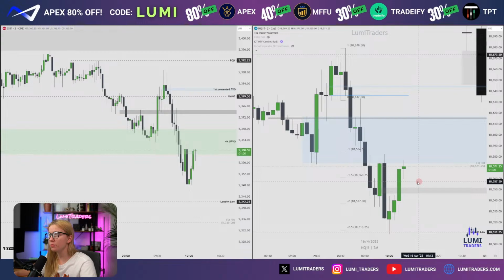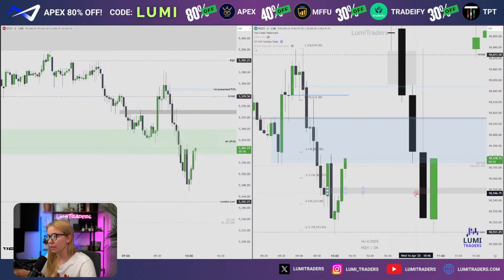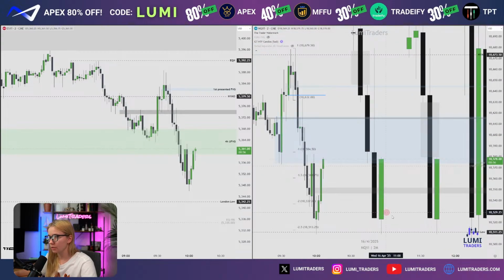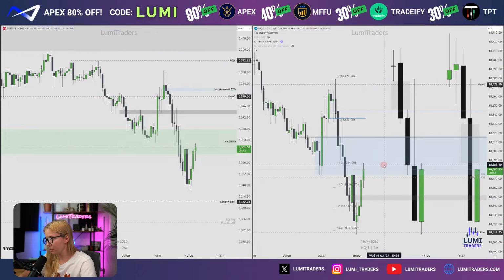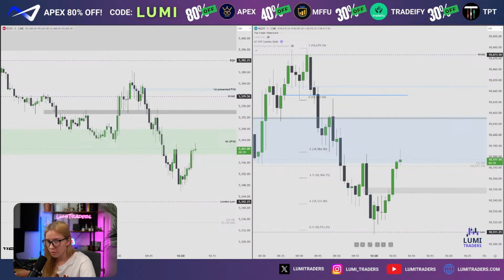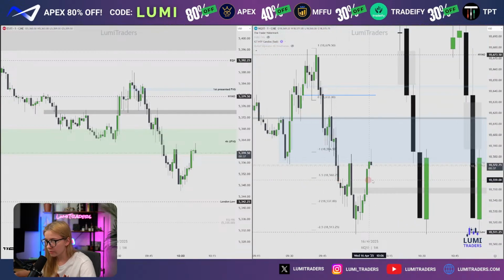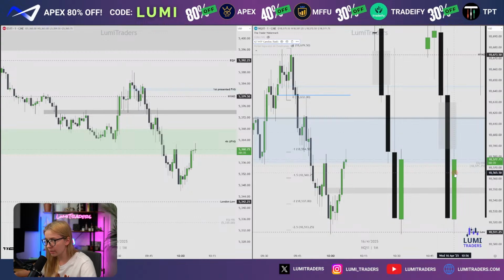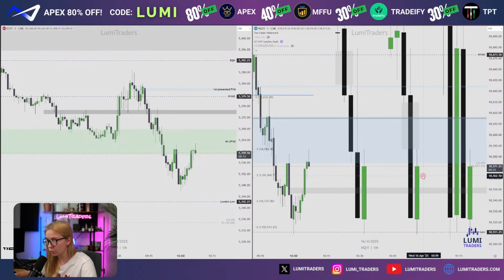So far, we have minor manipulation below hourly and 4-hour. So I see this like open, high, probably. Don't really like, I'm not satisfied with this manipulation yet. We will see. We need to get the closure first. I recommend paying attention to high time frame candles right now, how they're trying to form.